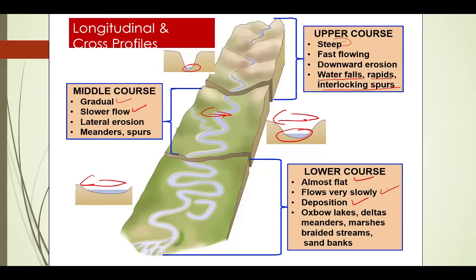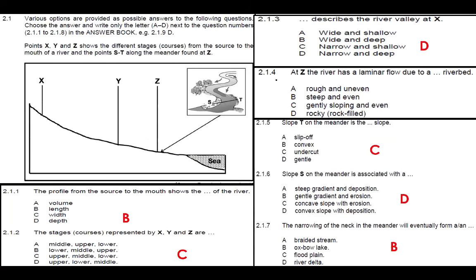There is dominance of deposition. Then we have different features that are occurring there: oxbow lakes, deltas, meanders, marshes and flats, braided streams, sandbanks. So these are what you can expect to find in the lower course of the river.